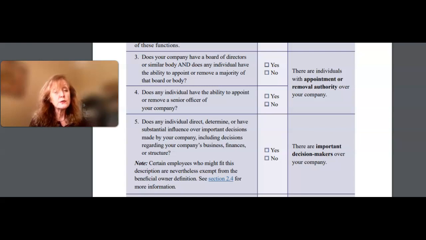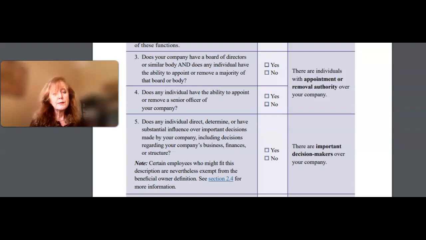Does any individual direct, determine, or have substantial influence over important business decisions made by the company itself? So, with regard to business, finances, structure, we already discussed that in a previous video, do they have the ability to affect the business that is conducted, basically?